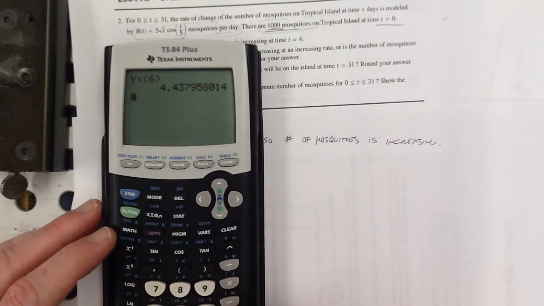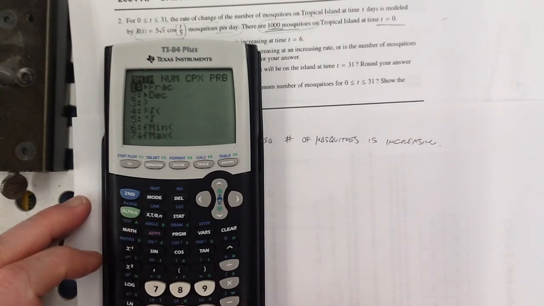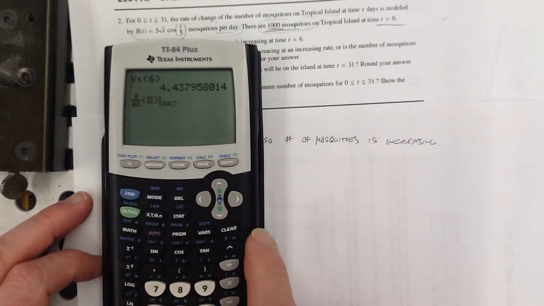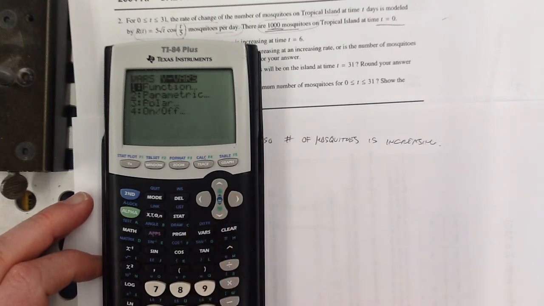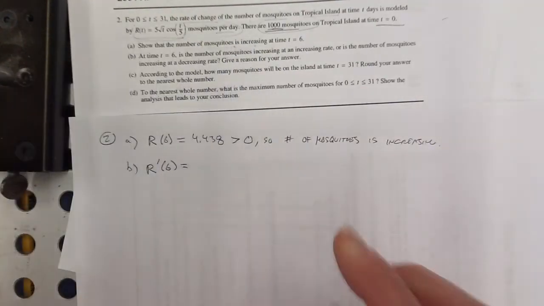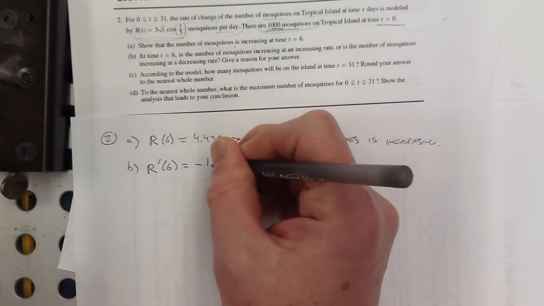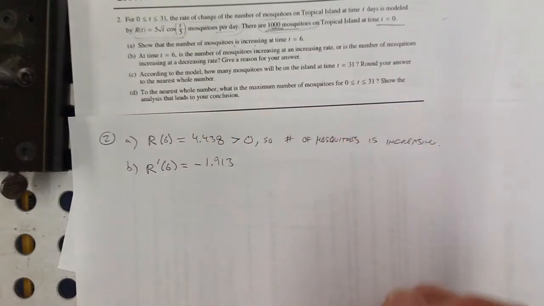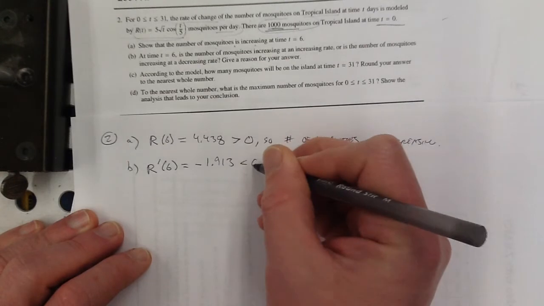I'm just going to do it on the home screen here. So math 8, that finds derivatives. So I want the derivative of y1 at x equals 6. It's negative 1.913, which is less than 0.